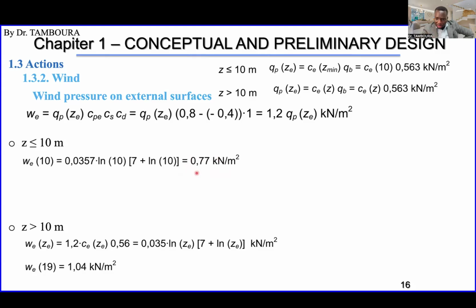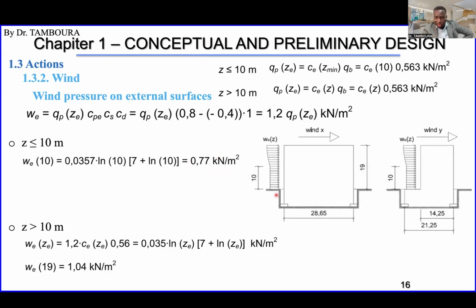Then based on that, you can draw something like this. You can see from 0 to 10 meter, we have this value, 0.77 kilonewton per square meter. This is the main face of the building. If you remember, this is the profile view, the side view of the building, according to what we did last time.